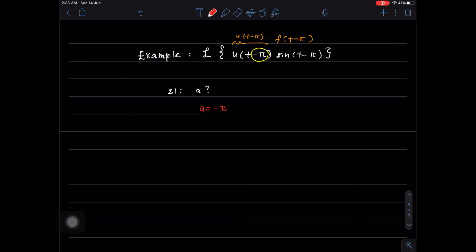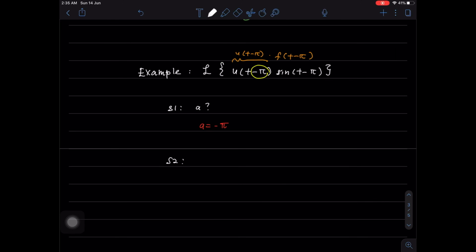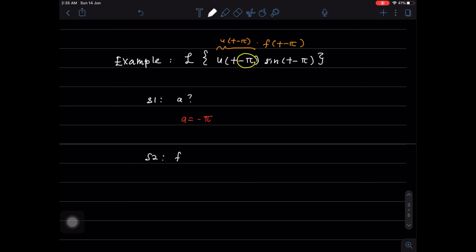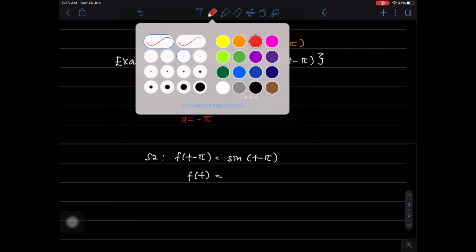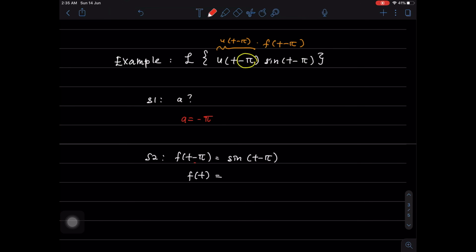The next step is to find your f(t). From the function here you have f(t-π) equal to sin(t-π). Now you want only f(t), so you need to eliminate the minus π. To do that you need to add π.